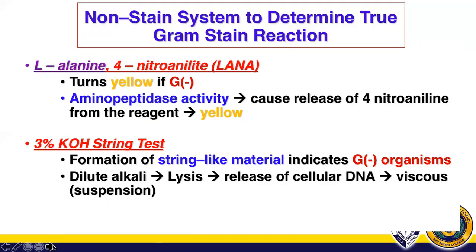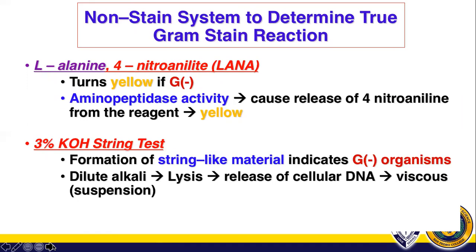So if a string-like material is developed after 1 minute of mixing, it means that the organisms are gram-negative. How so? This reaction depends on the lysis of gram-negative cells in the dilute alkali solution, which is KOH.